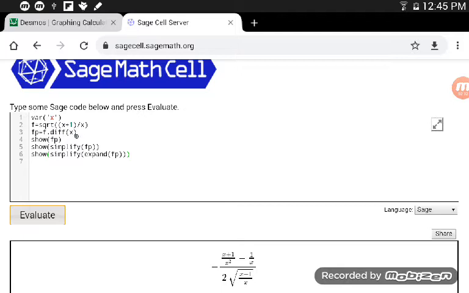You need to tell it with respect to what, and so I told it with respect to x, and assigned it to this fp. So then I showed fp. We'll look at that, and it looked a little complicated, so there's this nice command called simplify, and I put that around the fp, and I said show that simplified.